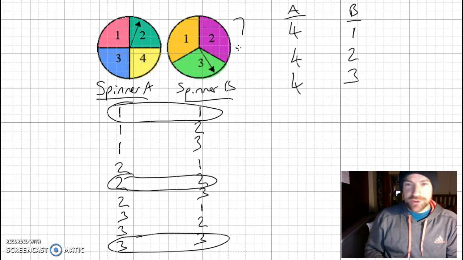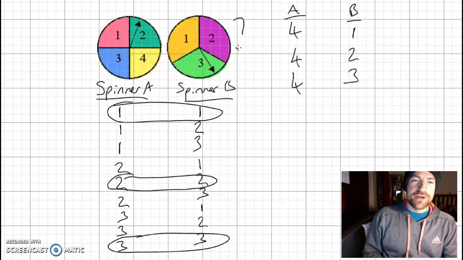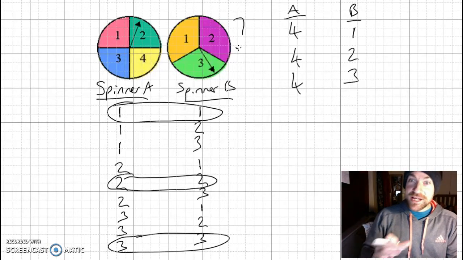Likewise, you could circle all the ones where you got a 1, or all the ones where you got a 3. So these lists let you work out how many desired outcomes there are.